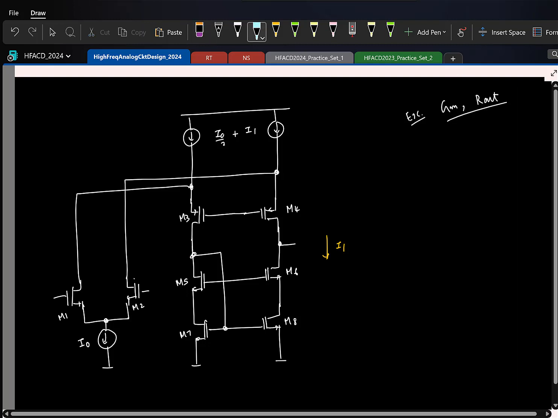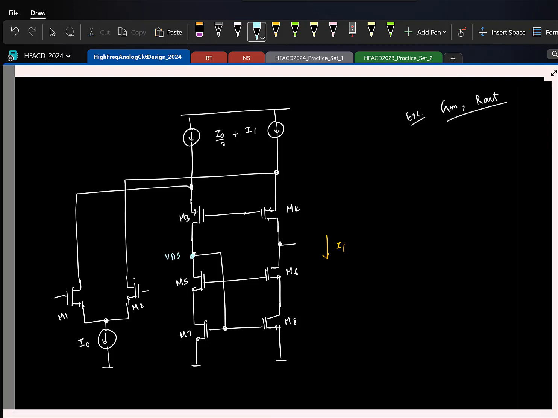First of all, if I call it VD5 and VD6, what is VD5 and VD6? VGS of M7 at what current? I1. Right? Let me also mark the bias voltages. This has to be VB4. Similarly, what can you say about these voltages, VD1 and VD2?